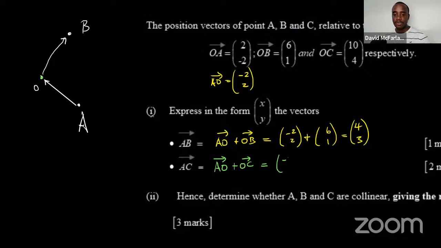AO we found already, (-2, 2), plus OC, which is (10, 4). Working that out, -2 plus 10 is 8. 2 plus 4 is 6. So AC would be (8, 6). All right? Everybody good with that one? Let me know in the chat. That one clear?